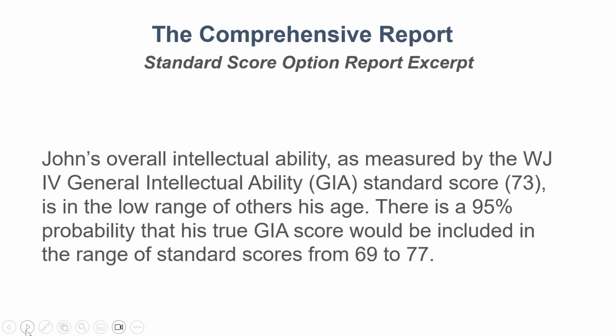There's a 95% probability that his true GIA score would be included in the range of standard scores from 69 to 77. So it basically writes just a synopsis explaining the standard score. So again, it's giving you a little bit of the data, but not everything you need to write a comprehensive report.